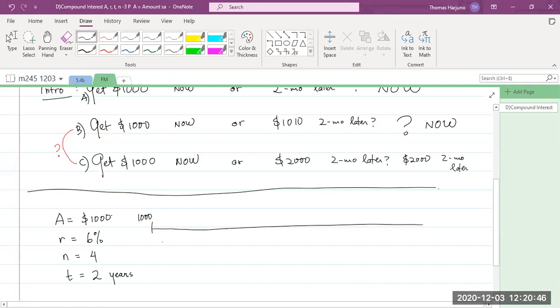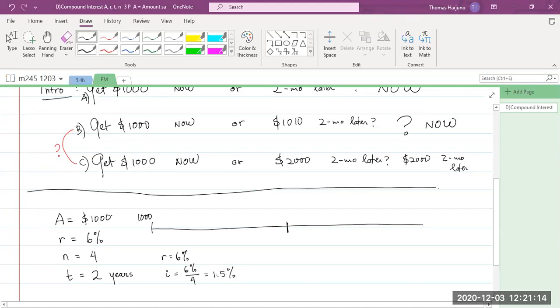Now this 6% is the annual interest rate. But in 1 year, you compound it 4 times. That means the periodic rate, every time you do compounding, is 6% divided by 4, which is 1.5%.